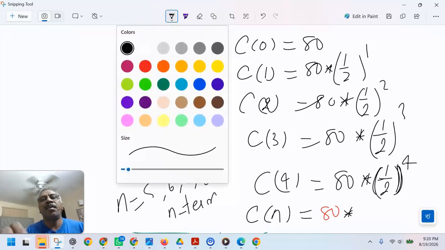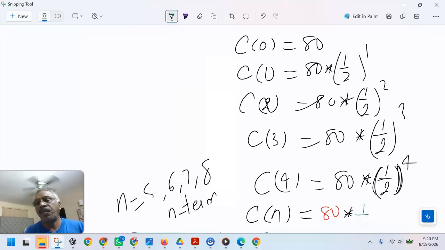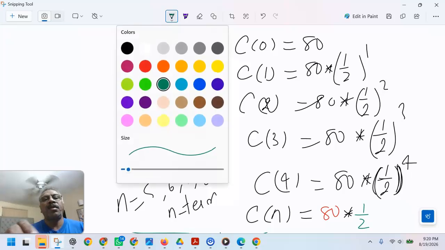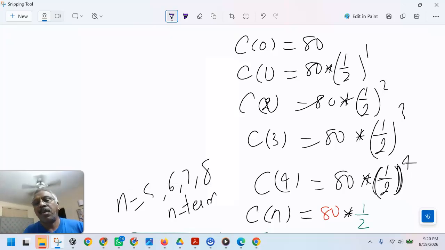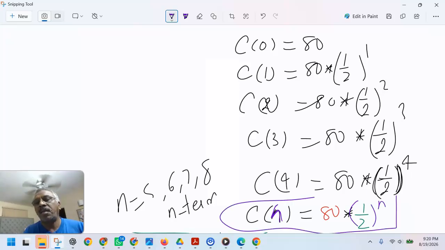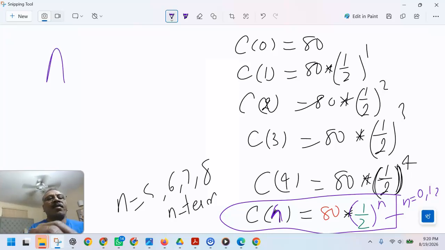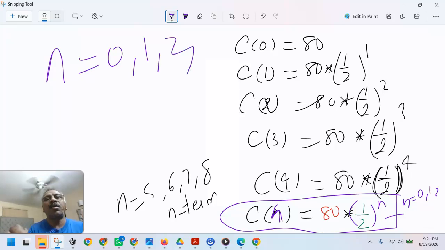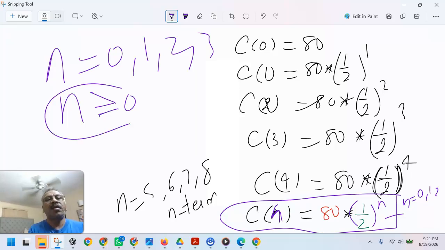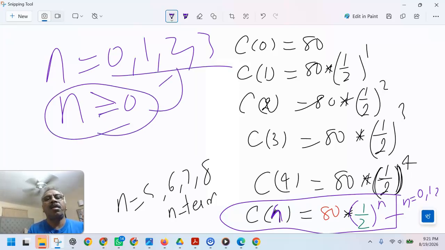I put a half raised to n. And this is for all n equal to 0, 1, 2, and so on. So instead of saying n is 0, 1, 2, 3, we just say n is greater than or equal to 0. This inequality takes care of all of this.